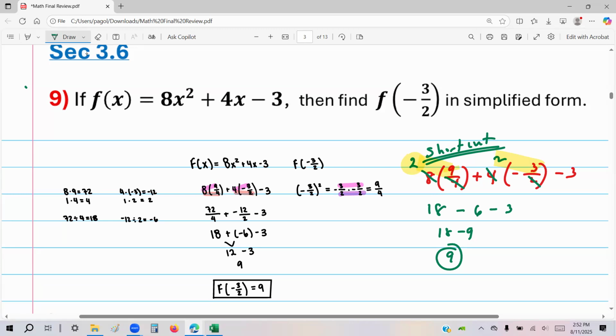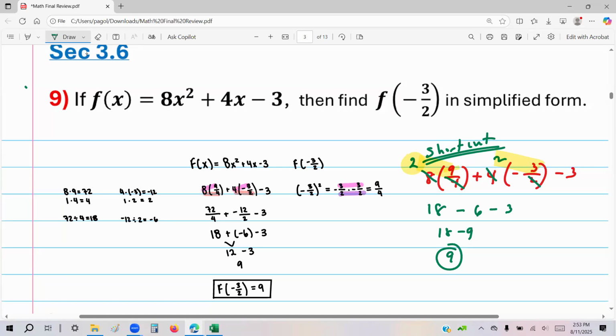Try to cancel them. Because if you don't, the numbers become bigger sometimes and it's hard to deal with. You cannot multiply everything first. You have to cancel them. Or after the cancellation, you can multiply.